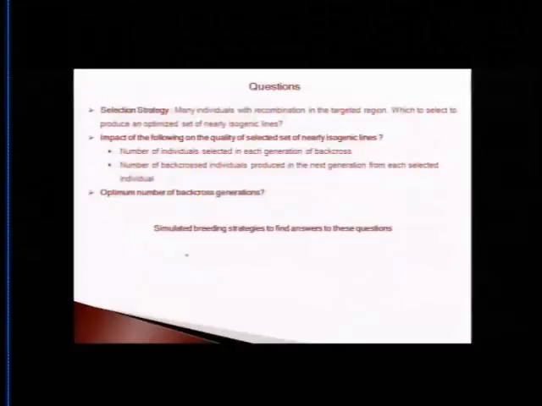And what is the impact of the number of individuals in each generation? And how many backcrosses should be genotyped for each selected individual? And what's the optimum number of backcross generations? I'm trying to answer these questions using computer-based simulations, and that is what I'll be talking about today.